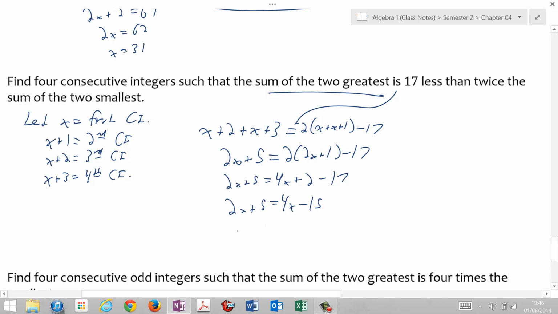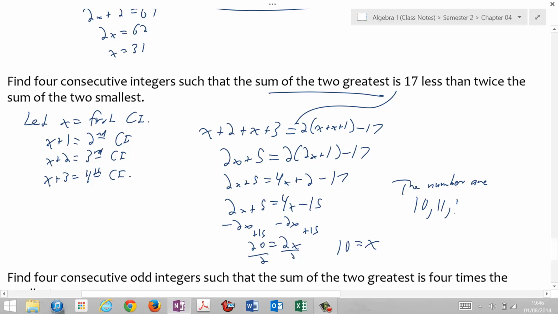Let's subtract 2x, so this makes 4x into positive 2x. I'm going to add 15 to both sides. And then I'll divide by 2. And so I get 10 is equal to x. And then I get to say the numbers are 10, 11, 12, and 13.